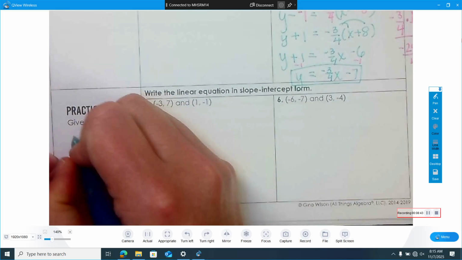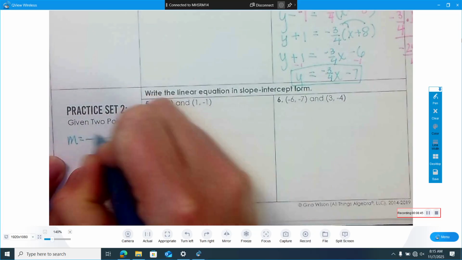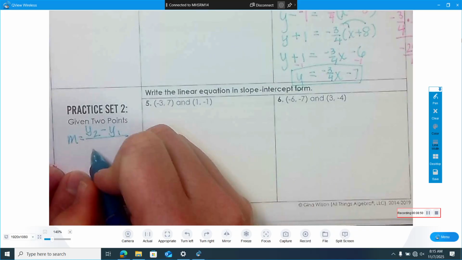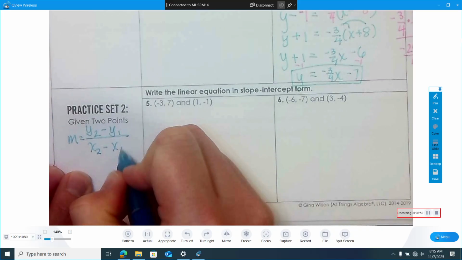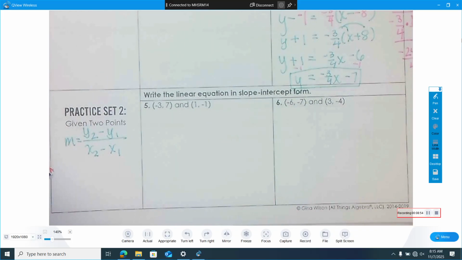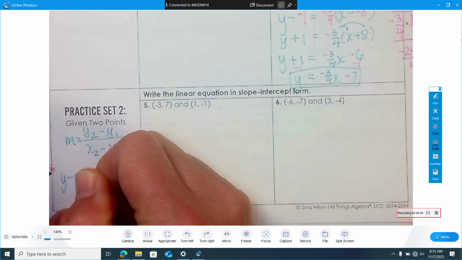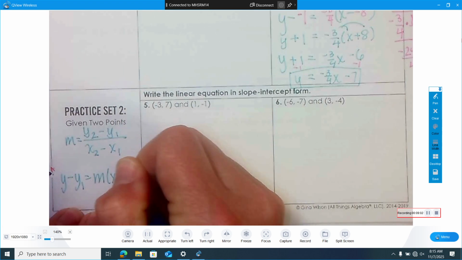Oh, yes, I can. Given 2 points, we can use our plain old slope formula, y2 minus y1 over x2 minus x1, and we're just going to have to calculate the slope first. And once we have that, then we can use our y minus y1 equals m times the quantity x minus x1.